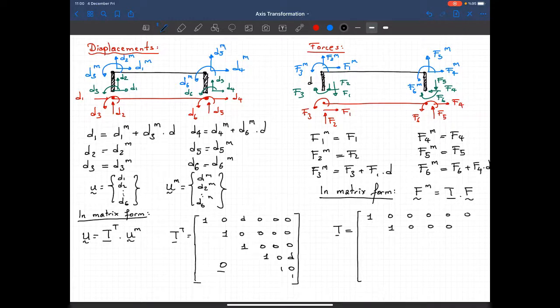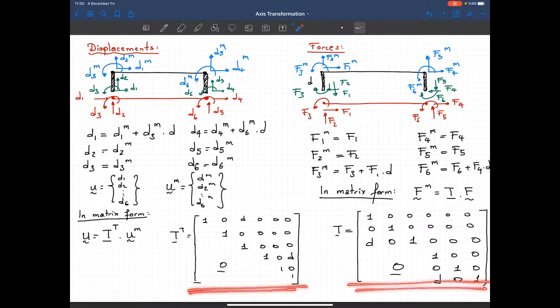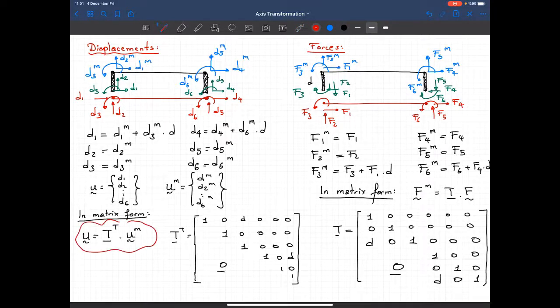They are all zeros. Now here I have D, 0, 1, again 0. The end node, I have the following relationship, D, 0, and 1. This part is all 0. So if you compare again these two matrices, as expected, one of them is the transpose of the other. That's the relationship. Now we have the relationship that relates to displacements, a relationship that relates to forces.